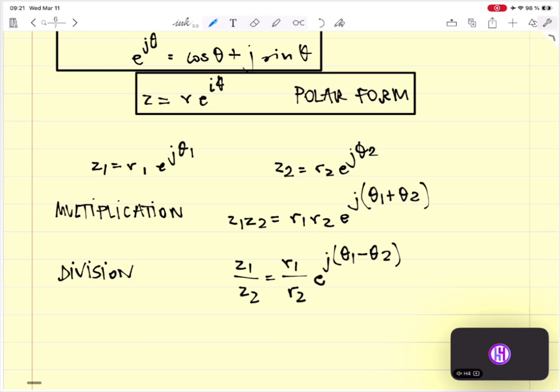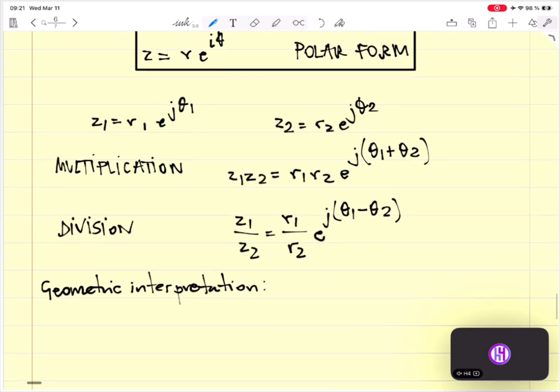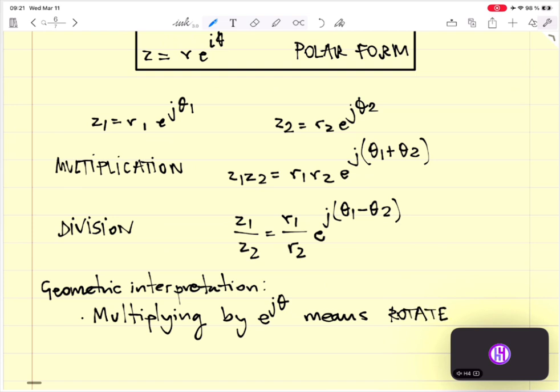So, the geometric interpretation: multiplying by e to the j theta means rotate by angle theta.